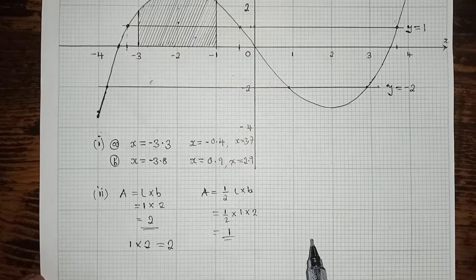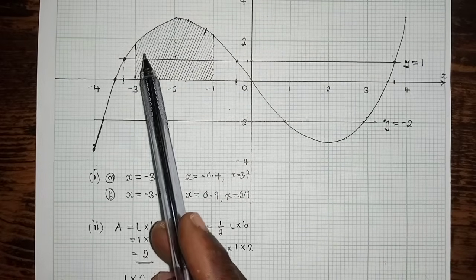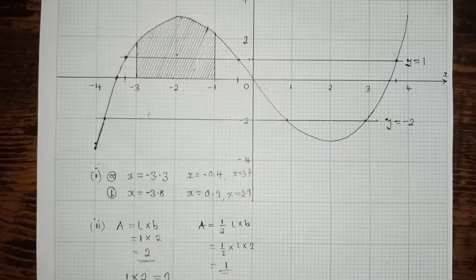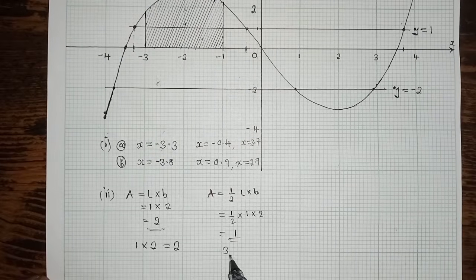The next, how many chopped rectangles? We have 1, 2, 3. It's 3. So 3 rectangles have been chopped, times their own area, which is 1. You are getting a 3.